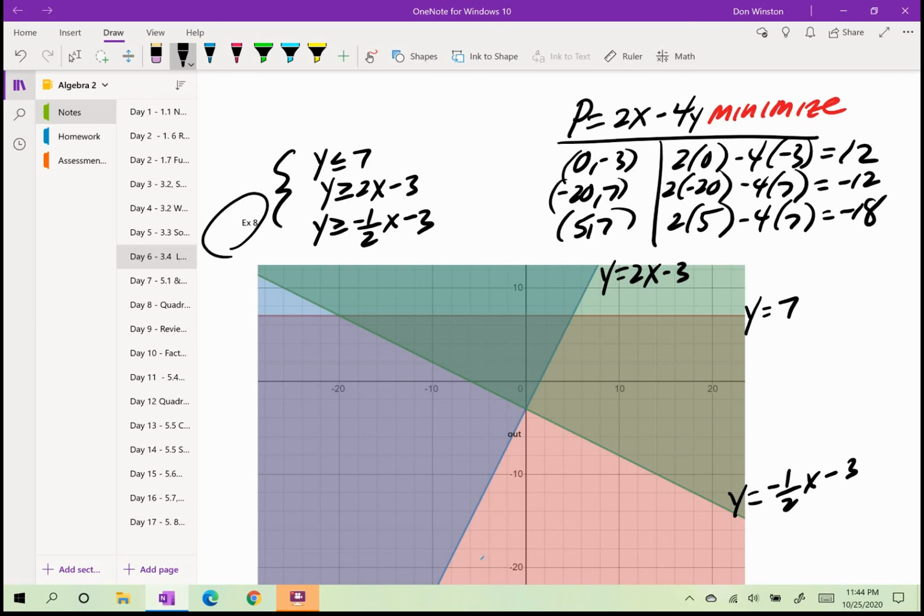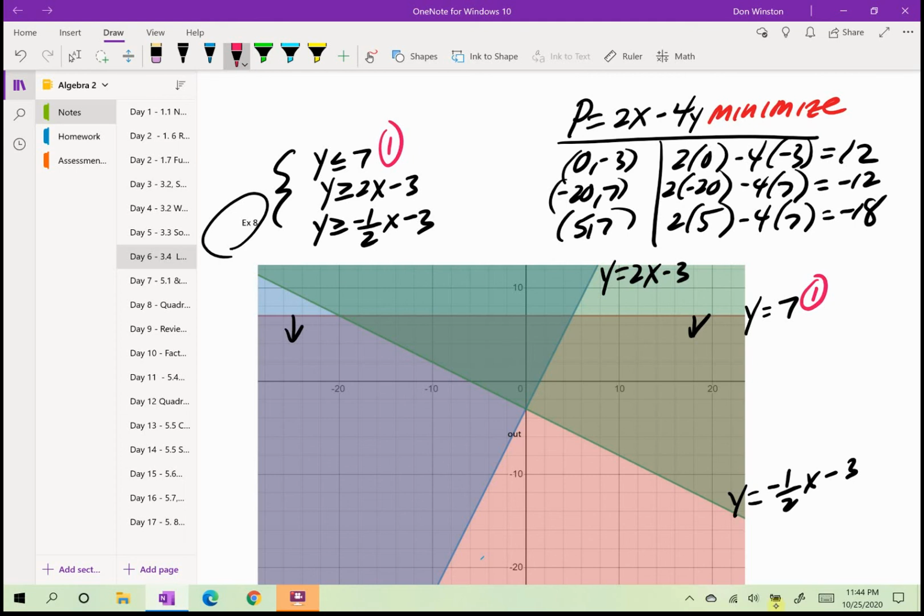So I have a system of 3 inequalities. y is less than or equal to 7, and I've graphed it there. So that's the line y is equal to 7, but y is less than or equal to 7. You have to be below that line. Okay, so that's equation number 1. The other equation is y is greater than or equal to 2x minus 3.